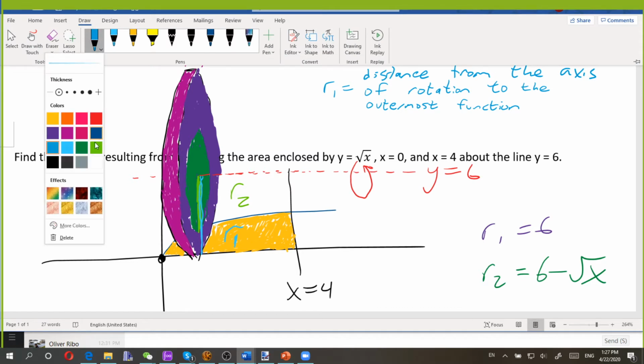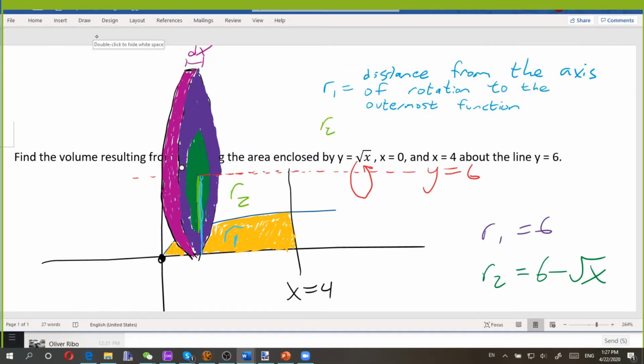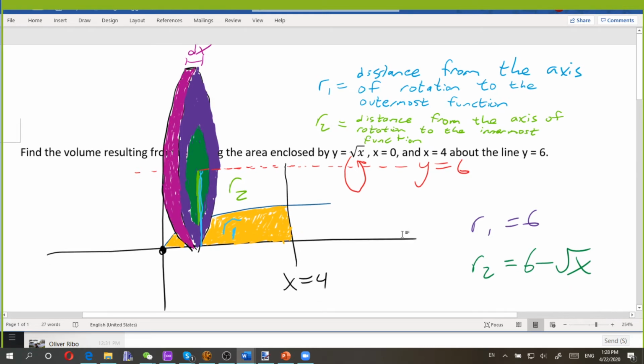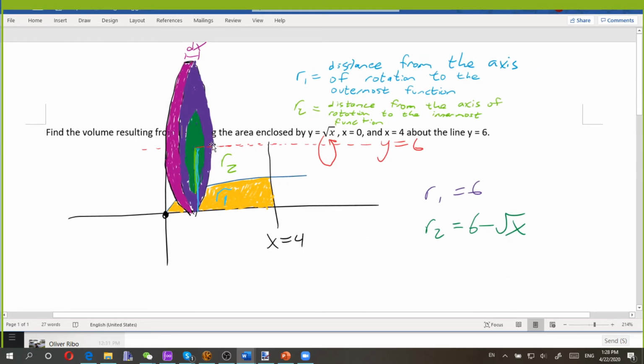Similarly, your R2 will always be the distance to the innermost function from the axis of rotation. Which for us gave us R1 is 6, and R2 is 6 minus root x. Okay, so now I just need to make this into a volume.